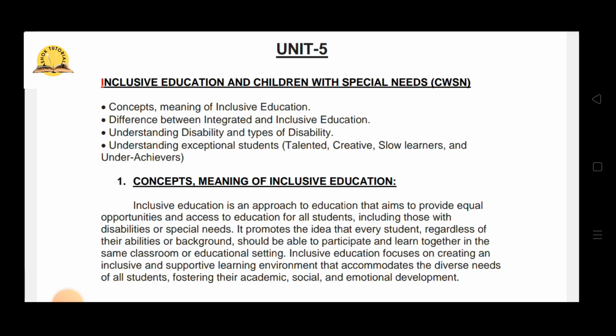Then we will also be studying about understanding exceptional students. All the students are not the same in the classroom. Some are talented, some are creative, some are slow learners, and some are underachievers. Different types of students sit in our classroom. Therefore, as teachers we have to be very careful with the type of words we are using inside the classroom.